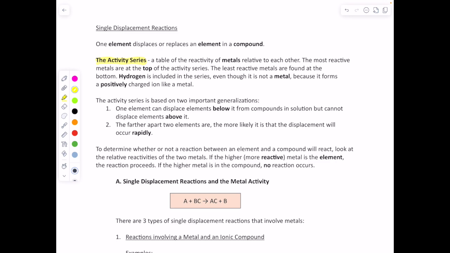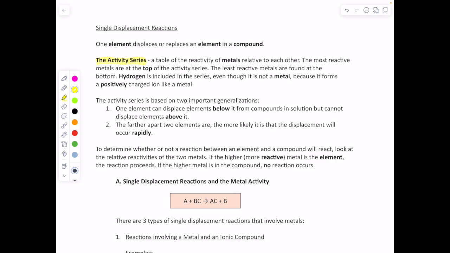The activity series is based on two important generalizations. One element can displace elements below it from a compound in a solution, but cannot displace elements above it. So the higher an element is on a reactivity series, the more capable it is of displacing an element that is below it on an activity series.